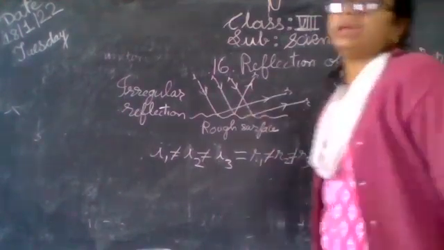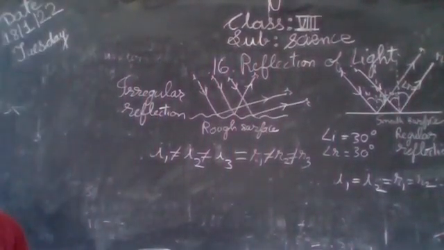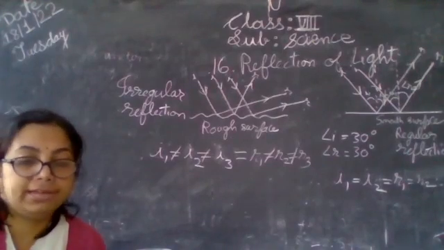This way we can write down the difference between regular reflection of light and irregular reflection of light.